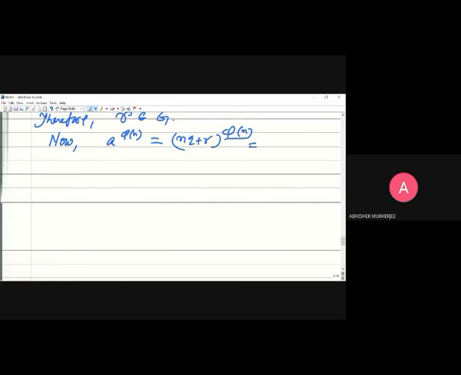Take the expansion and you will get that each term is a multiple of n. So accumulating all those terms except the last one and taking the sum, you will get one integer which is a multiple of n. That means it is some q star n plus the last term, which is r to the power phi n.